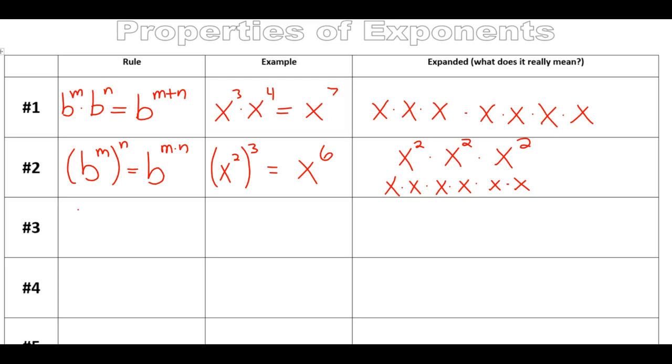Okay, number 3, a b to the m power. So this is the first time we have 2 different things in the parentheses, and they're different bases. That's represented by the a and the b. And the example that I'm going to give you is xy squared cubed. So xy squared is in parentheses, and that whole thing is being cubed.